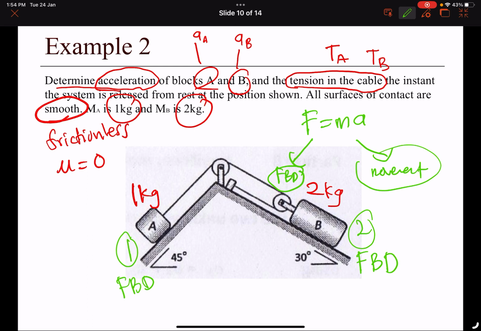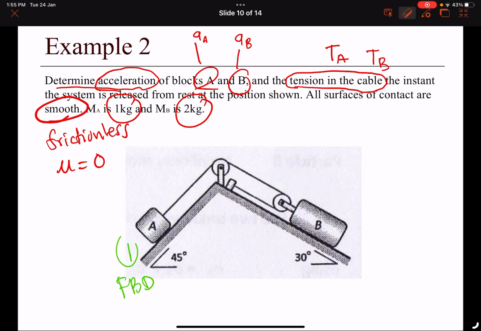The same thing applies here, where you have to put the direction of the movement of these two rigid bodies.